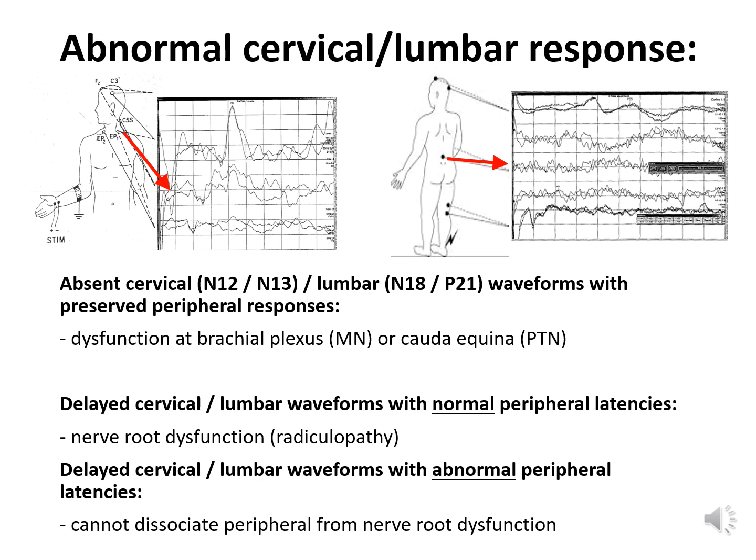If there is an abnormal latency observed for the N12-N13 on the upper limb, or the N18-P21 on the lower limb, and the peripheral latencies are within normal limits, this would suggest a nerve root dysfunction or radiculopathy. However, if the peripheral latencies are also abnormal, then one cannot dissociate the source of the increased latency, and it could either be from the periphery or it may or may not include the nerve root.